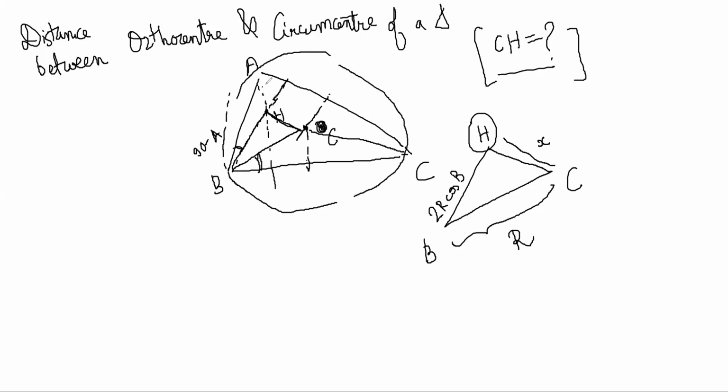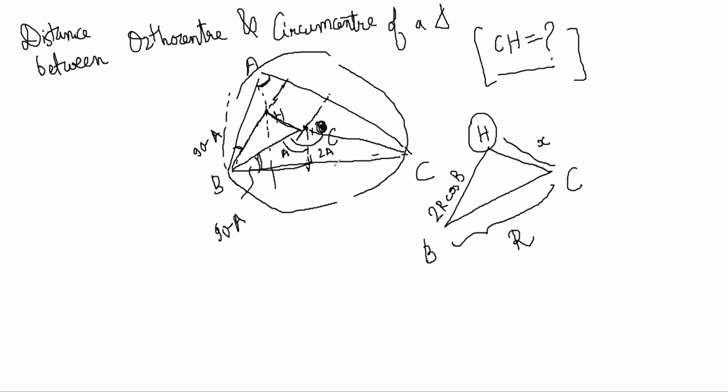Angle at A is A, so the angle here is 2A, no? And this triangle is congruent to this triangle. So this angle is A, right? This is A. So this must be 90 minus A.